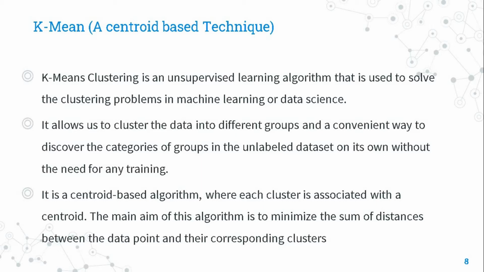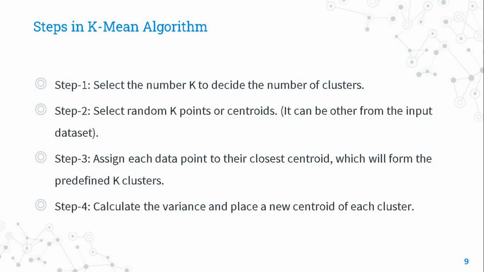It is a centroid-based algorithm where each cluster is associated with a centroid. The main aim of this algorithm is to minimize the sum of distances between the data points and their corresponding clusters.